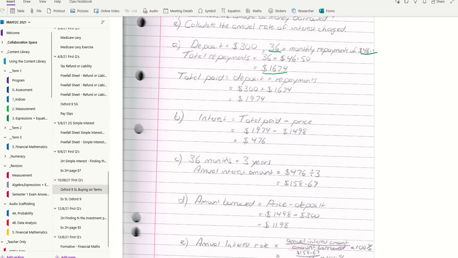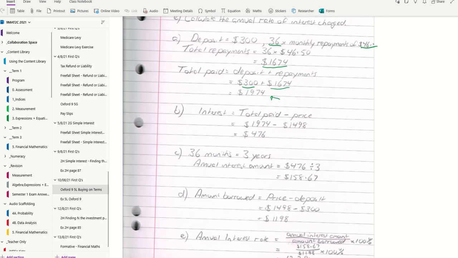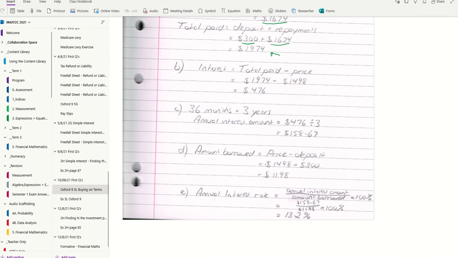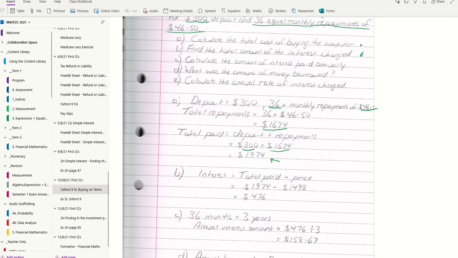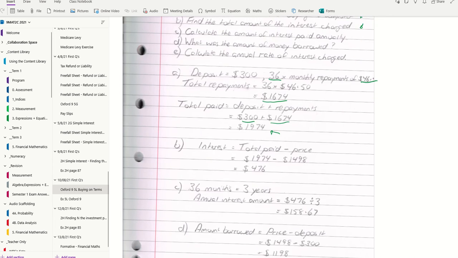And then the total we paid is these repayments plus the deposit we paid in the first place. So there's 300 plus 1674 is 1974. Repeating, in your assignment there is no deposit, so the total you pay is simply the number of repayments times how many you make.